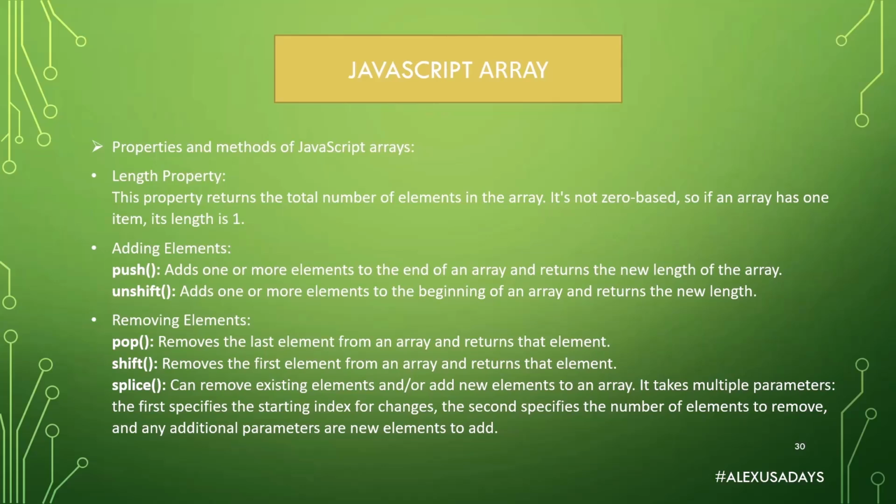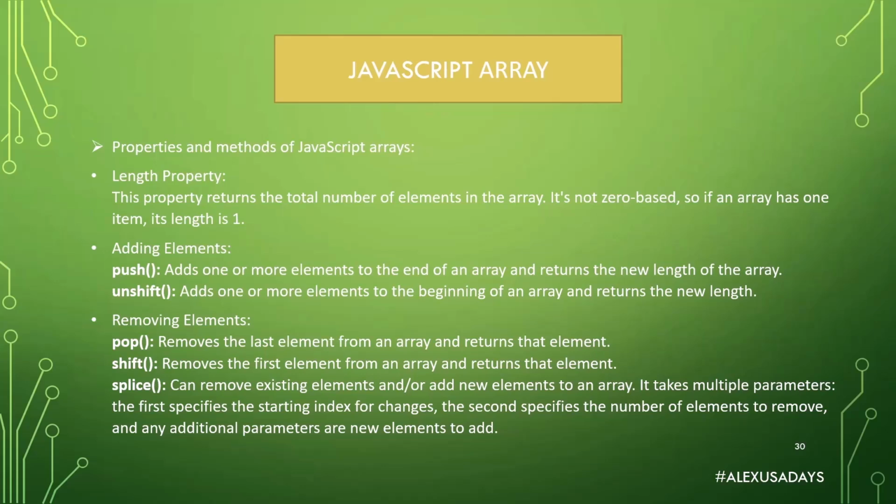So first is the length property. This property returns the total number of elements in the array. It's not zero based, so if an array has one item, its length is going to be 1. You can add elements to an array using push, which adds one or more elements to the end of an array and returns the new length of the array. Or you can do unshift, which adds one or more elements to the beginning of an array and returns the new length.